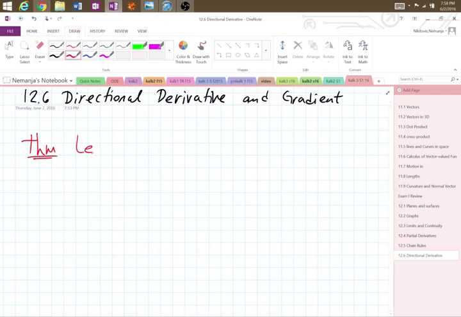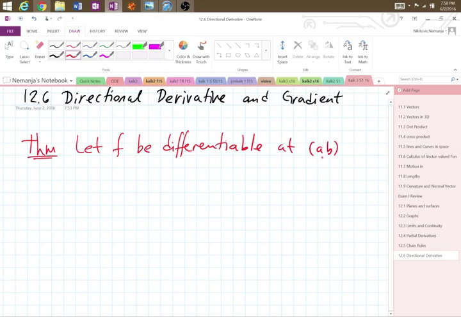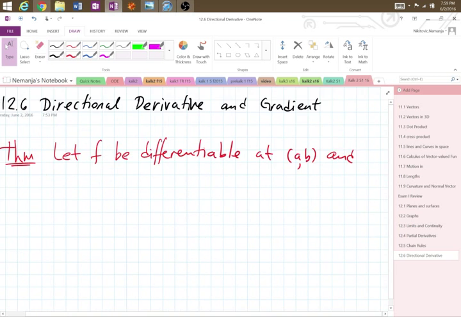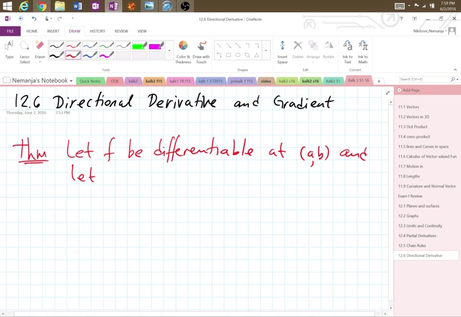Let f be differentiable at point (A, B), and let vector u with components u1 and u2 be a unit vector, so I can actually put a hat on it because it's a unit vector in the xy plane.